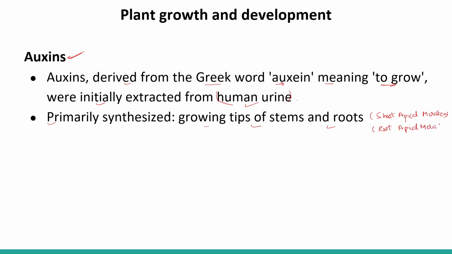So auxins are usually produced in the growing regions. And what does a growing region contain? They contain meristematic cells, which are undifferentiated cells.